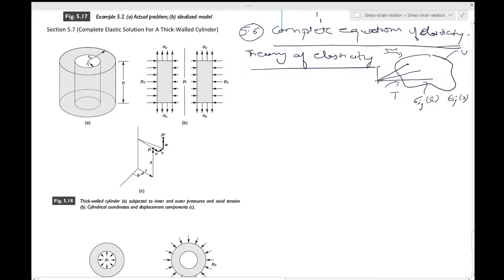So that's what this position vector x shows. This is what the theory of elasticity is. That's the one word or three-word summary of it.